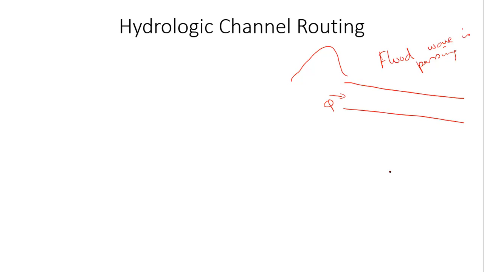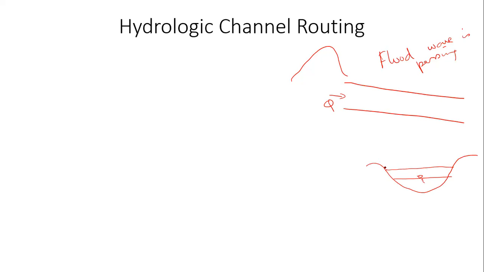So let me just draw a cross section of a channel. Let's just imagine I have a channel like this. At some time t, I have some flow going through the channel at some water level. Now, when this flood comes in through this channel, naturally you will expect that the water level in the channel is going to change, and it's going to become something like this, maybe.